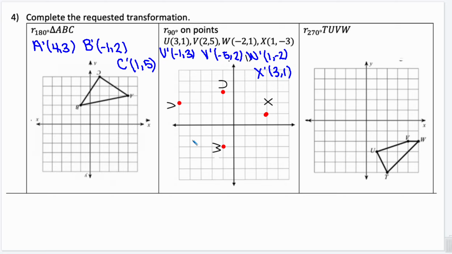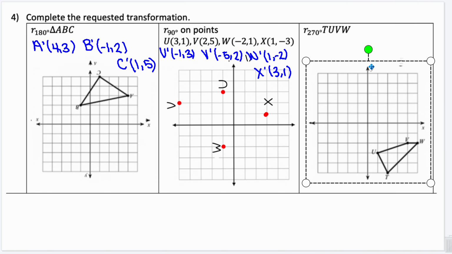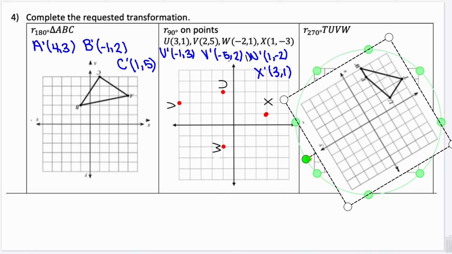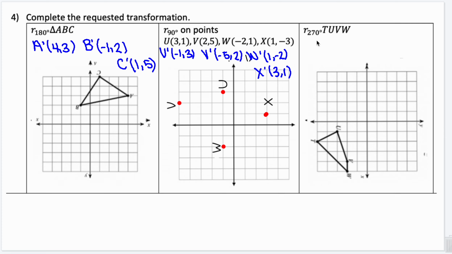And same for this last one. Rotate 270. I'm going to grab this figure right here. Screenshot it in. Rotate 270, so I'm going 3 times to the left. 1, 2, 3. And now I'm just going to read these ordered pairs. We'll start with T because that's in order. T is going to be at negative 5, negative 2.